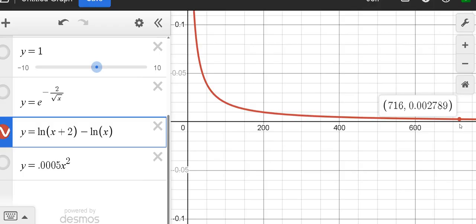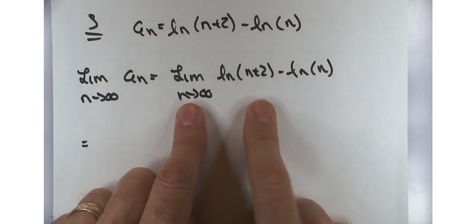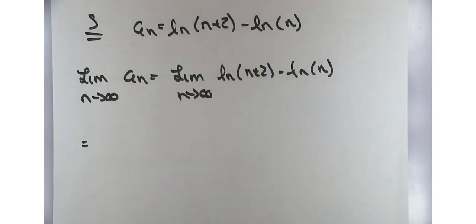And I can't emphasize this enough. The answers you get here should match what you see on the graph and what you see when you're putting in numbers in a table. If you're getting different information from those three things, something's wrong, probably the stuff that you're doing here. Graphing calculators, as long as you're putting things in correctly, should be giving you good information.